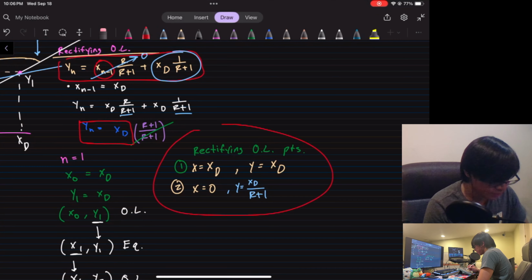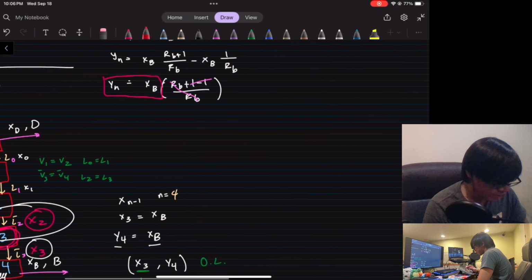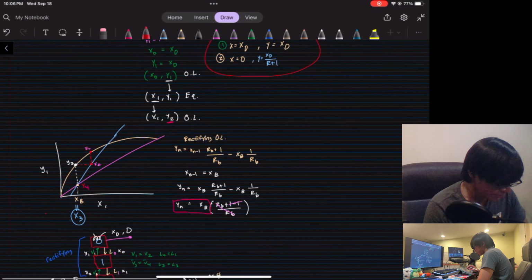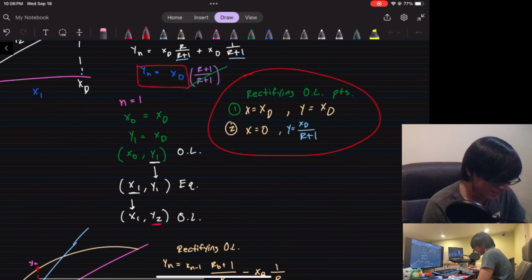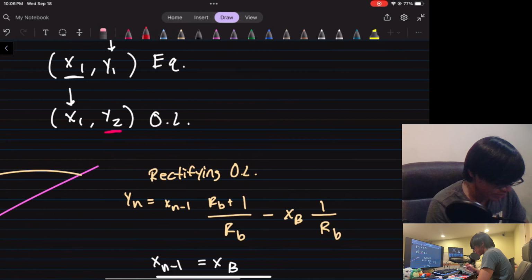Circle that for itself. And then we have our rectifying. Did I write rectifying and stripping on the same one? That's really funny. Anyway, this is actually the stripping one.